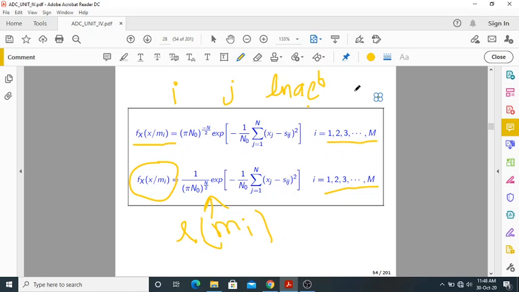Then ln of a times e power b equals ln of a plus ln of e power b, which is simply b. Now if you take the natural logarithm of this term, you get ln of the constant term plus minus 1 by N naught, summation j equal to 1 to n, xj minus sij whole square. I hope you are okay with the simple calculations.